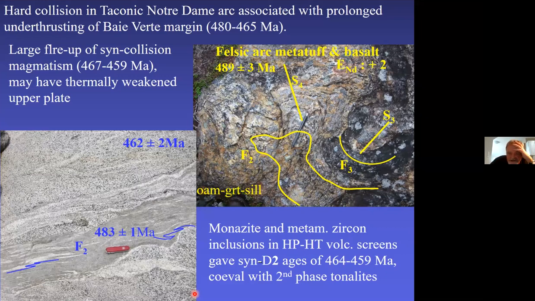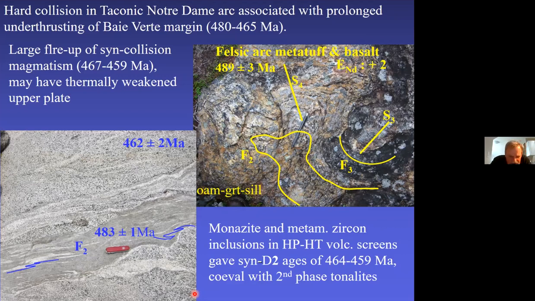You can also see that the rocks were polyphase deformed: an early foliation that's folded by F2, and then refolded by F3 and F4. But that's not really significant to the story. The important part here is that the upper plate rocks, in the form of these mafic and felsic volcanic rocks, were heavily deformed and buried.